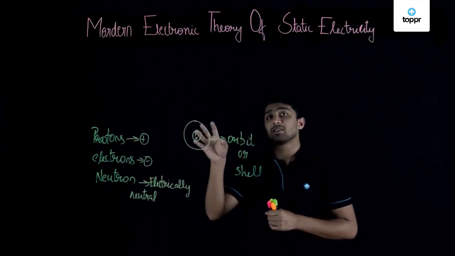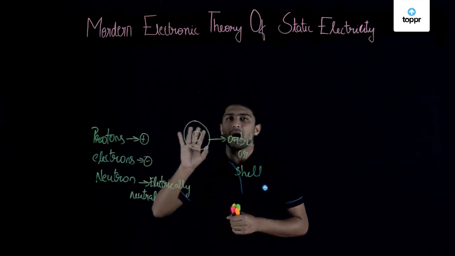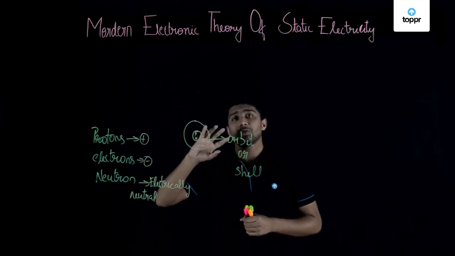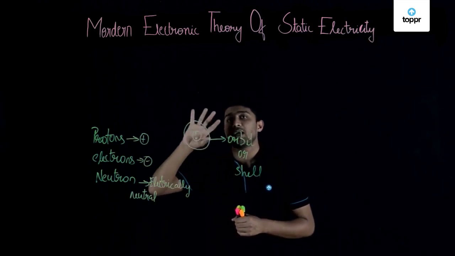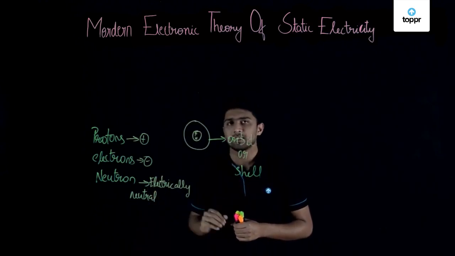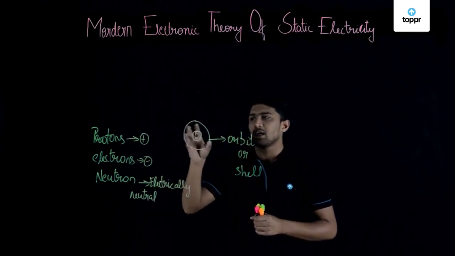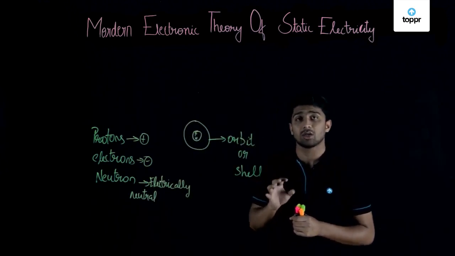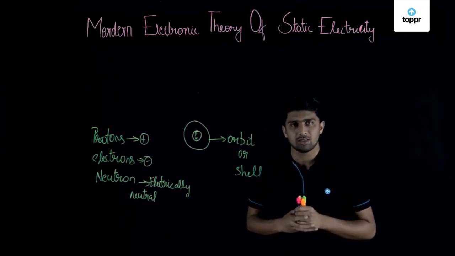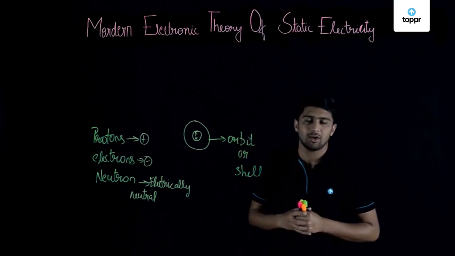The electrons revolving in the outermost shell of an atom are called valence electrons. Beyond that outermost shell, if any electron is revolving around the nucleus, those electrons are relatively weak in strength, so they are considered free electrons.